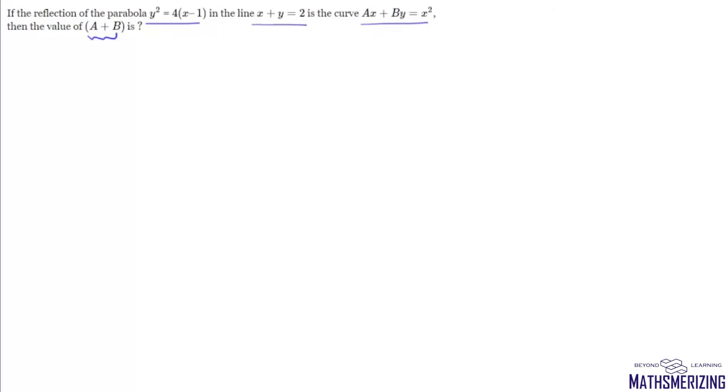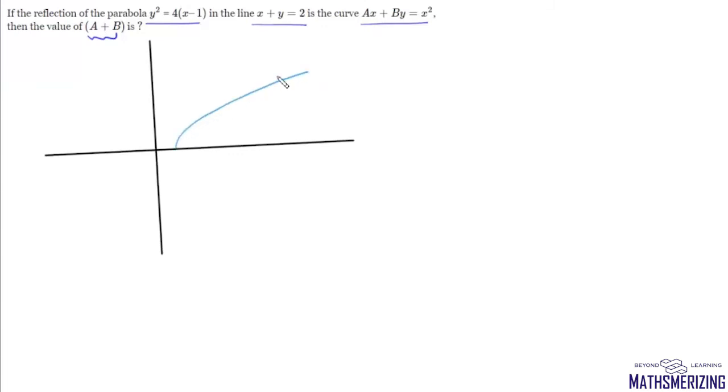So we'll draw this parabola. It is y square equals 4x but shifted 1 unit to the right. And then we are given the equation of this line which is x plus y equals 2.